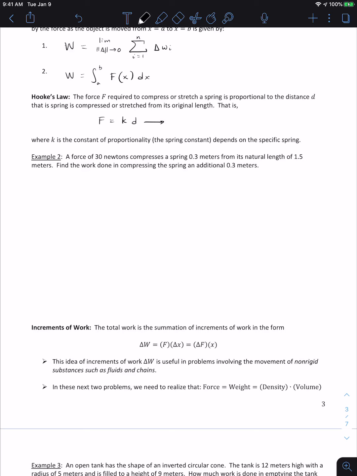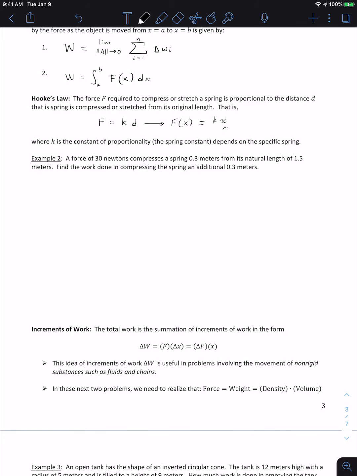So let's rewrite Hooke's law as a function of x, the distance. I plug in different distances and it gives me different forces depending on what k is. So my force function is kx, where x is the distance we stretched the spring.